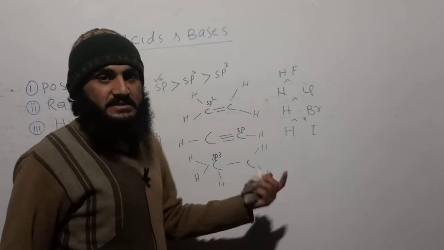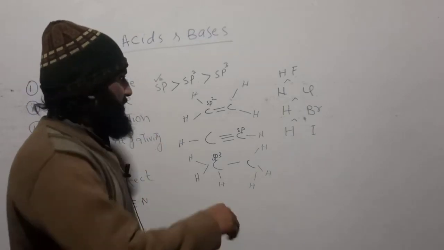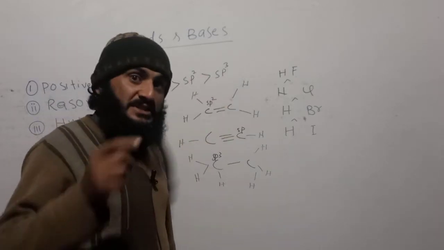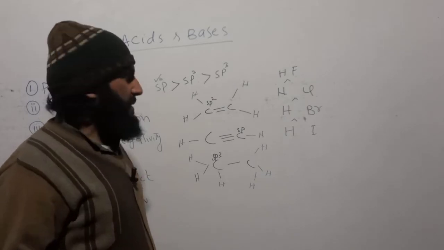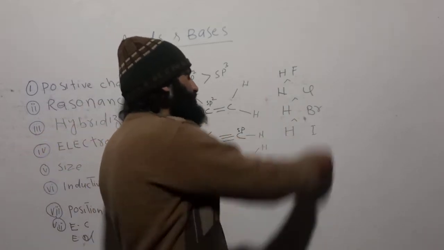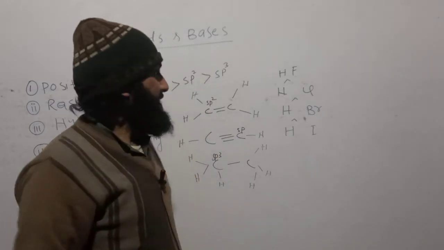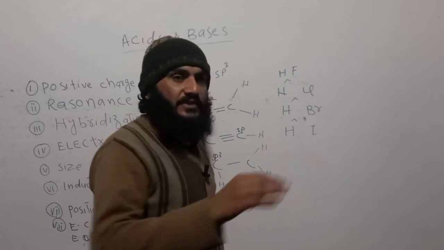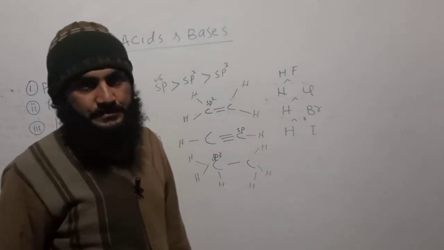What is the reason for this acidity? Clear? So actually in a larger compound, if electronegativity increases with respect to hybridization, acidity will increase. But here you can see the electronegativity does not increase with respect to hybridization; here the electronegativity is the nature of every element: iodine, bromine, chlorine and fluorine.